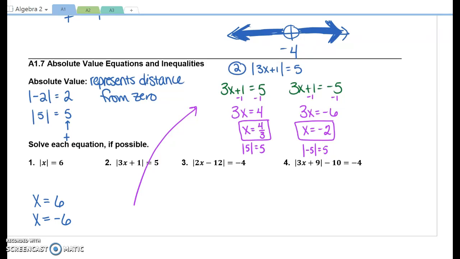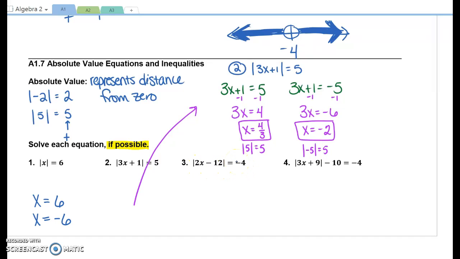What does absolute value always have to equal? A positive number. Does this absolute value equal a positive number? No. So notice the directions say solve each equation if possible. It is not possible for an absolute value of something to equal a negative number.